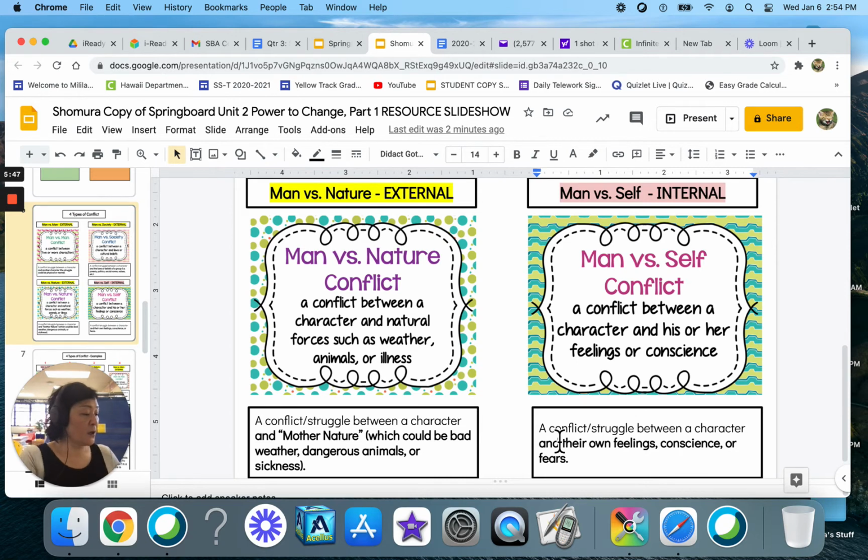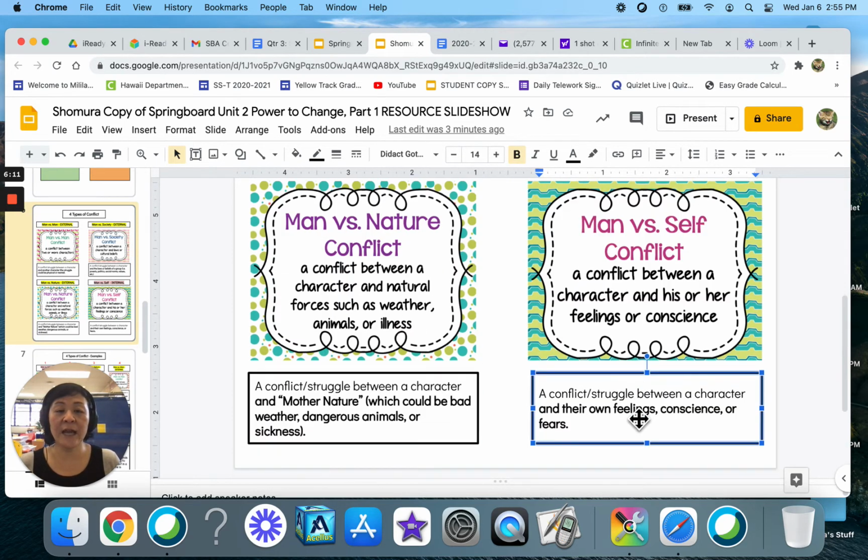So grab your composition book, and find the flap that has the person versus the brain and the heart, because it's your feeling inside or your conscience, your brain. Okay, and you're going to lift that flap up, and you will copy a conflict or struggle between a character and their own feelings, conscience, or fears. And then above that, you can write man versus self, internal.